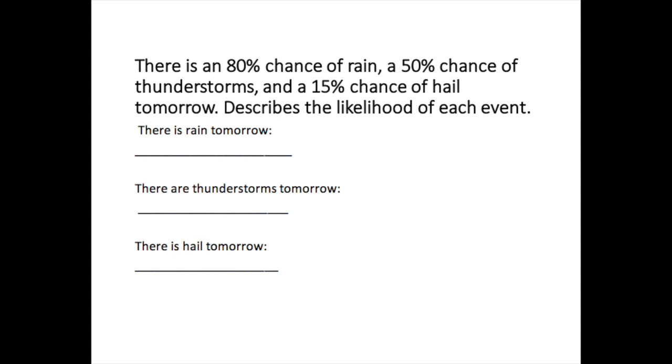So here we're given 3 calculations, and we have to use that information to answer the questions. So the problem says there's an 80% chance of rain, a 50% chance of thunderstorms, and a 15% chance of hail tomorrow. Describe the likelihood of each event.